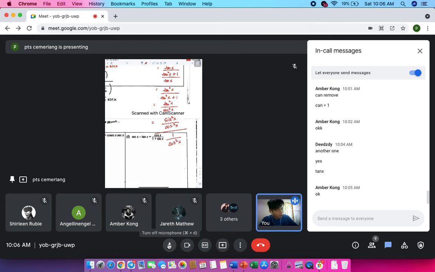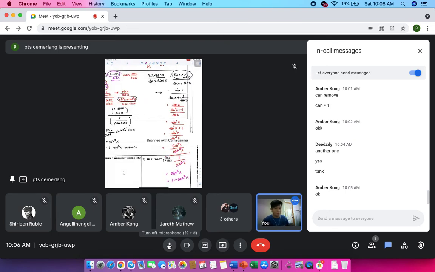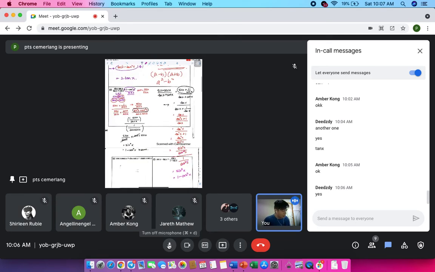So cos square and cos square can disappear. So you get sine square. So sine square is equal to 1 minus cos square x. It's the same. Is this how you do it, Cristiano? Okay. So basically both have roughly the same number of steps.